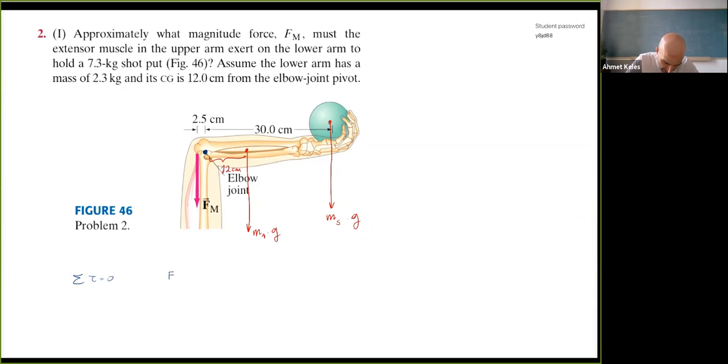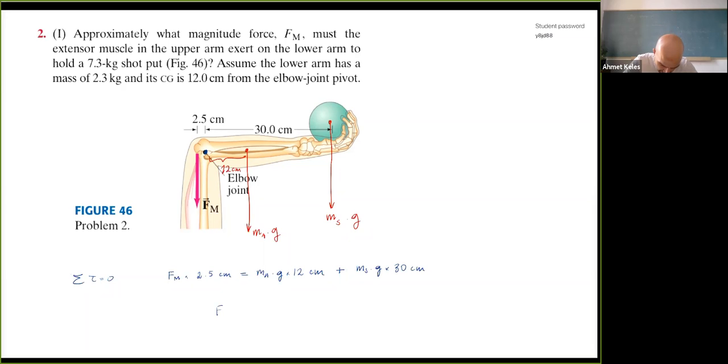F sub m times 2.5 centimeters should be equal to the torque of the arm, M_A times g times 12 centimeters, plus M_S times g times 30 centimeters. Okay, I think that's all I need to find F sub m.